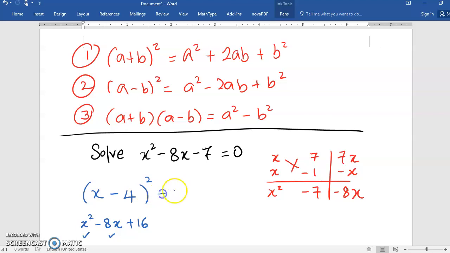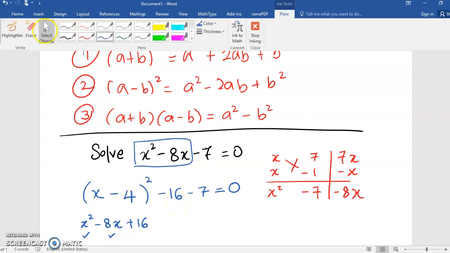So I will minus away the 16 to balance with this part x square minus 8x. Now since there's also a minus 7 over here, I just bring him down and equate it to 0. This balances my original equation, am I right? I have x square minus 8x plus 16 minus 16 minus 7 equals 0.